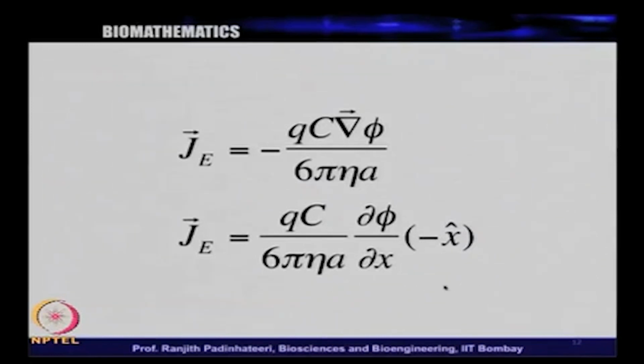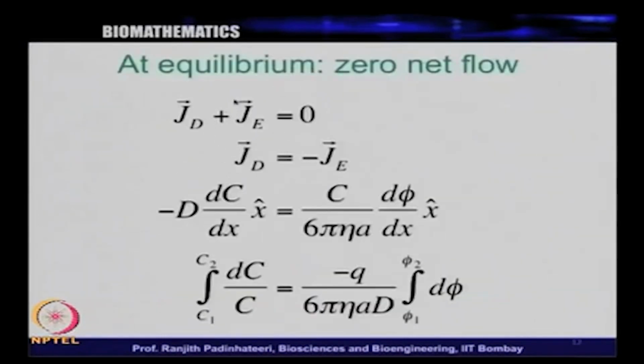Now what does this mean? We have an expression for the current, we have an expression for J_E, and we just said that at equilibrium there is no net flow. This means J_D plus J_E equals 0, that is, the net flow at the partition is 0, so J_D equals minus J_E.